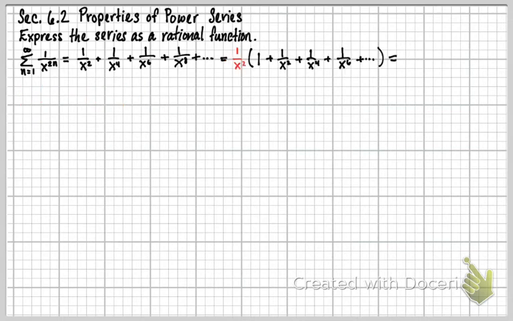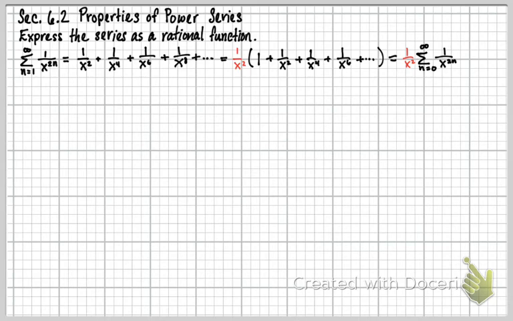So this equals 1 over x squared times the series n equals 0 to infinity of 1 over x to the 2n.